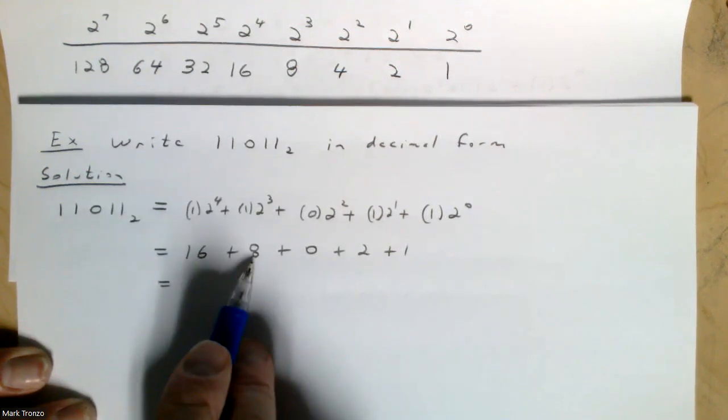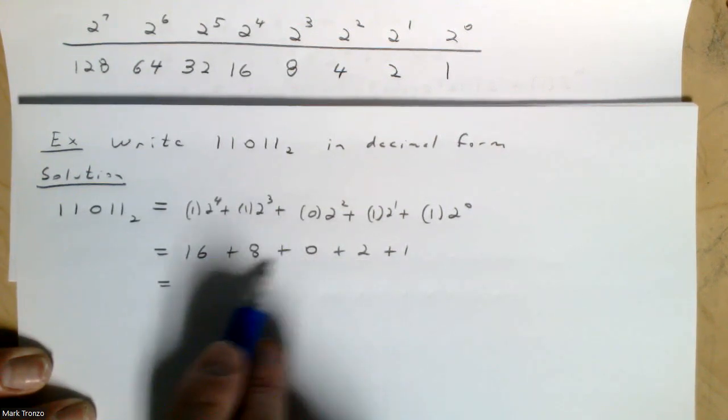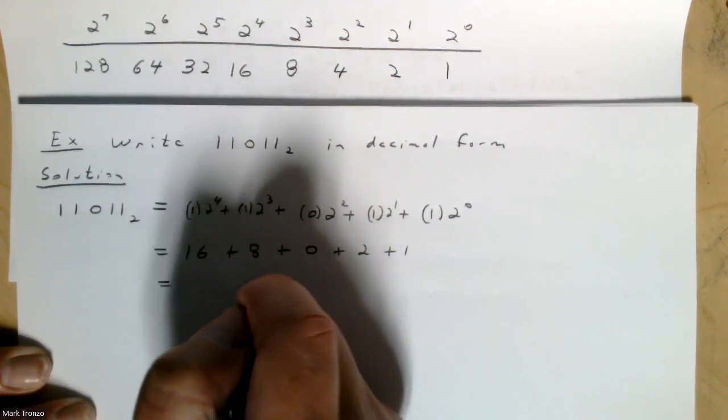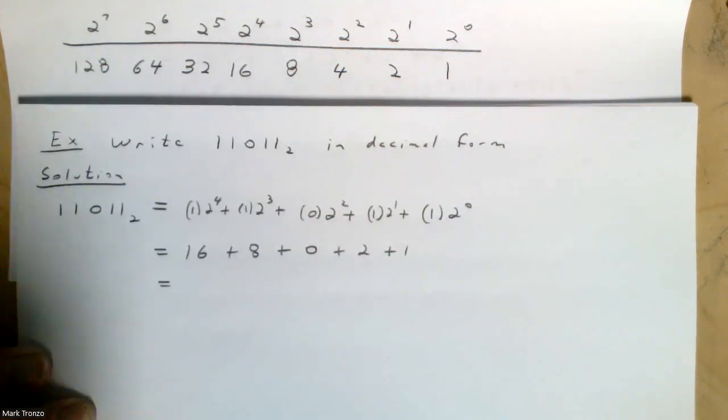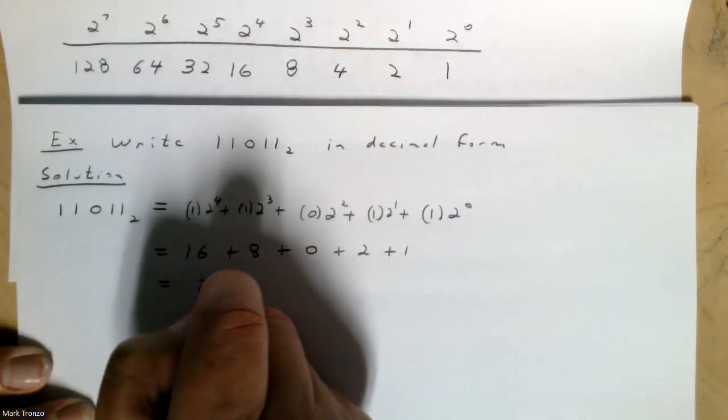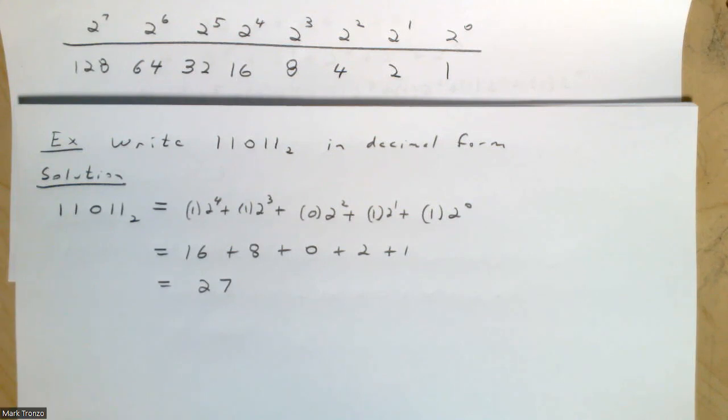And then just add these up. That's going to be 10, 26, 27, like this. And that's converting binary numbers to decimal form.